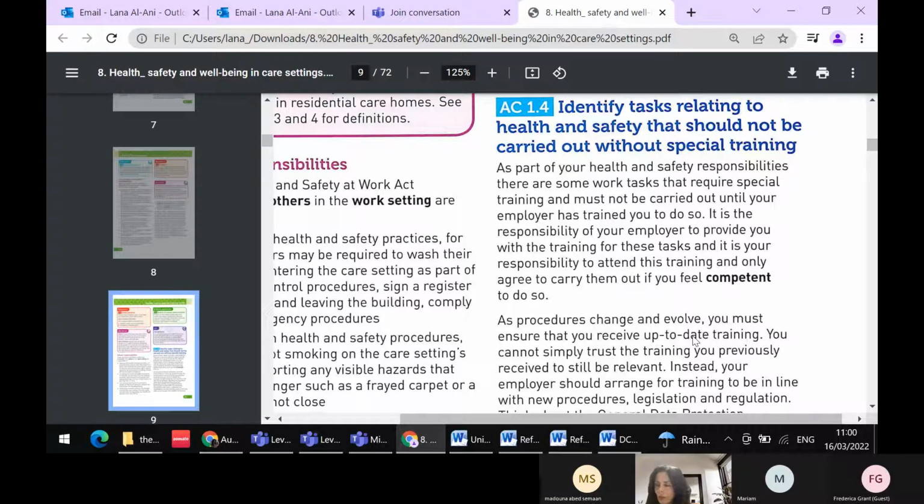First aid. Very good, very important. You shouldn't be doing first aid if you don't know how to do that, if you never had any training. That's excellent. So the responsibility of the employer is to provide you with this type of training.